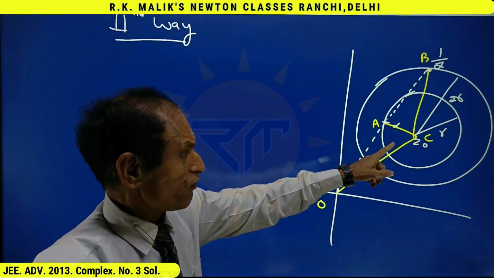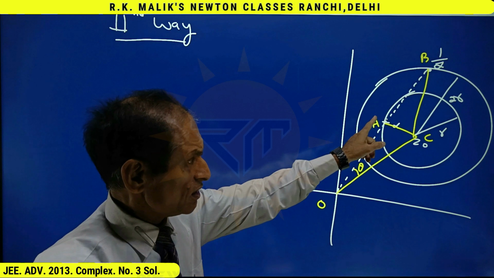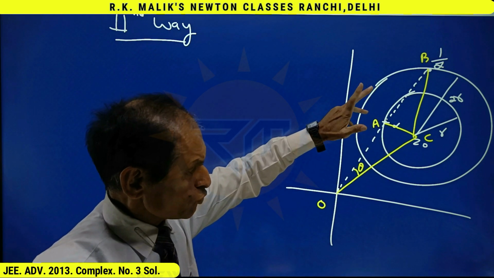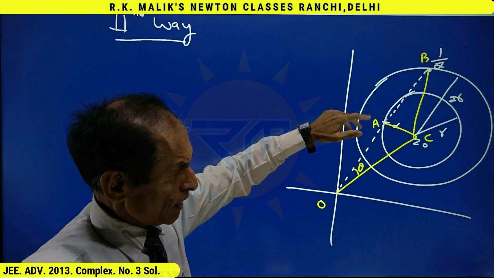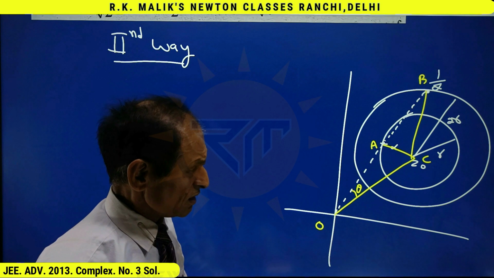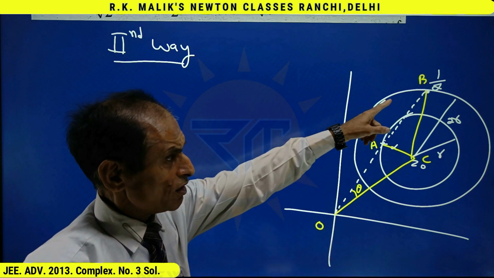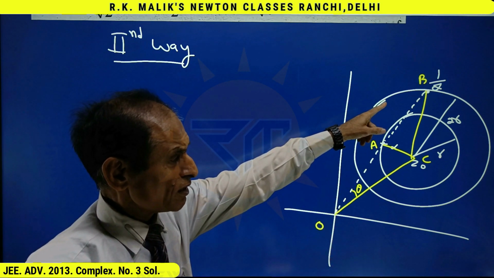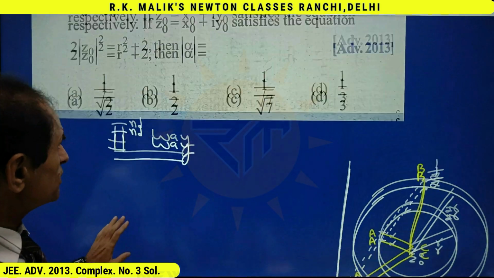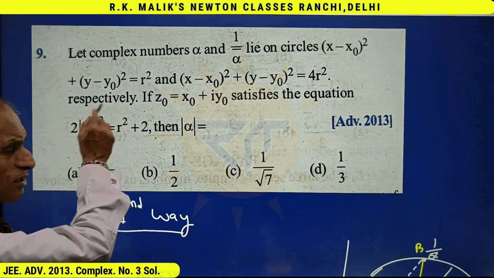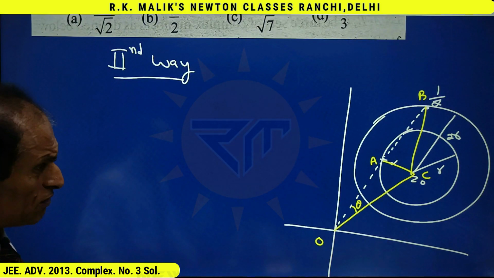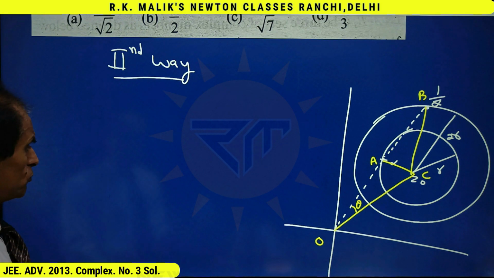I will use the cosine formula in triangle OAC and in triangle OBC, and from those two cosine formulas I will eliminate theta. Hence I will get a relation in which mod alpha, mod of 1 by alpha bar, mod z0 and r will be involved. After that, using this condition, I'll get the value of mod alpha from that equation. See what I'm going to do.